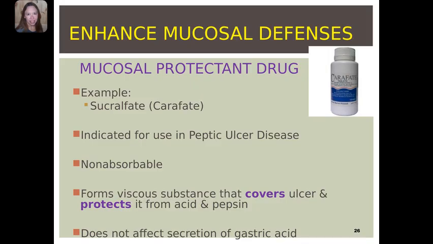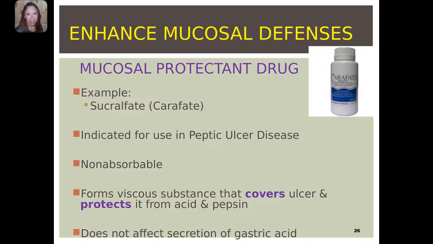So what it will do is it can come in a liquid form, so it's already pre-mixed as a liquid. And remember, this is not going to be your over-the-counter drug. The patient needs a prescription for it.